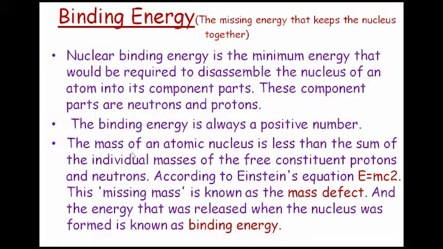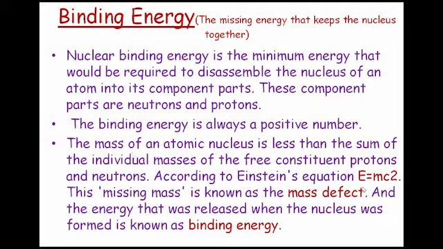The mass of an atomic nucleus is less than the sum of individual masses of the free constituents, protons and neutrons. So the corresponding difference in mass is known as the mass defect, and the energy corresponding to it is known as the binding energy.